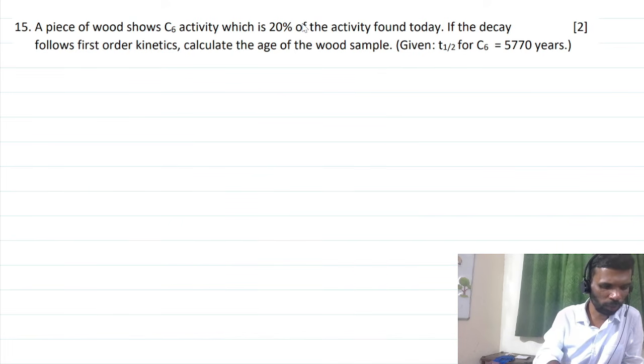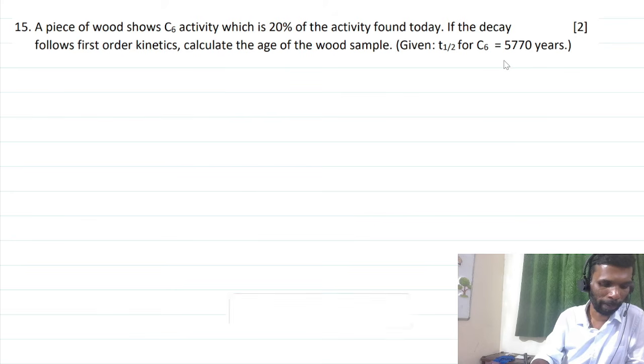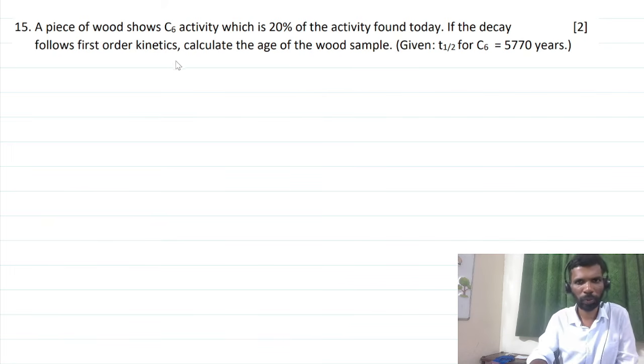This is what the question is saying. And what they have said is that calculate the age of the wood sample. They have given T half to be 5770 years, and if the decay follows first order, calculate the age of the wood.